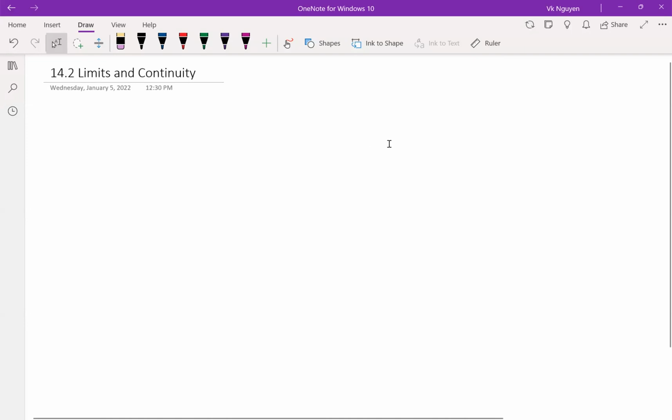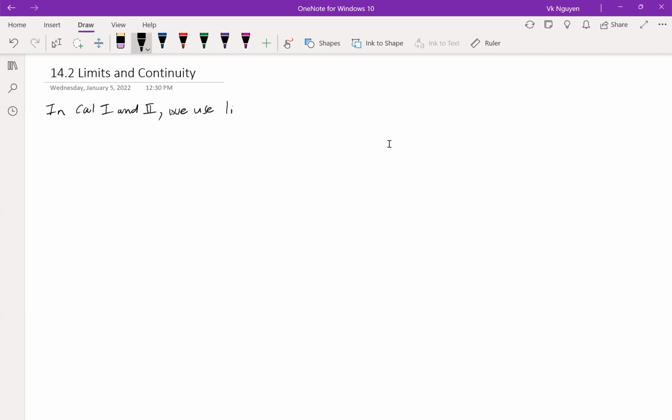So, number one, there's just a little recall here. Remember, we used limit in calculus 1 and 2. We used limit to define continuity.